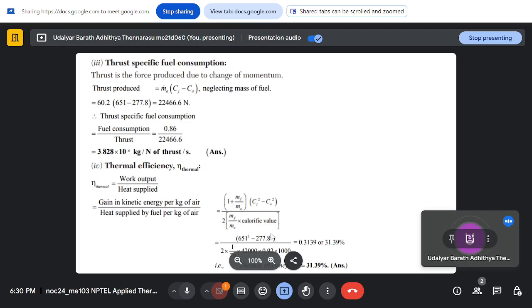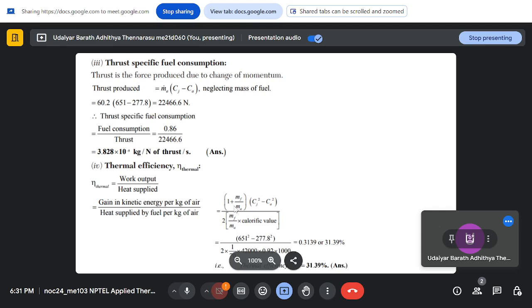So substituting it here, 1 plus 1 by 70.